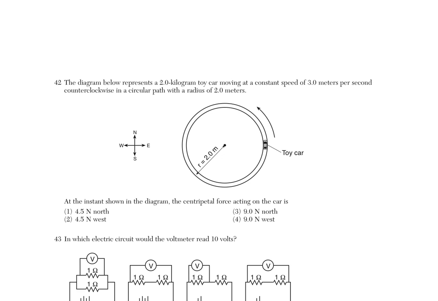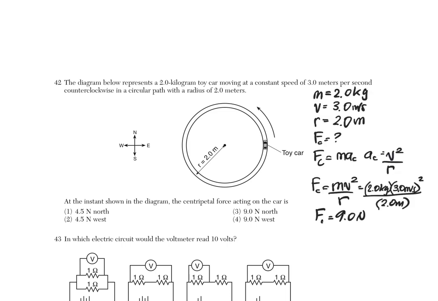Okay, 42 is a circle question, and it wants to know at the instant shown in the diagram, which way is the centripetal force acting? Or not just which way, but how much is it? So when we write down our mass, velocity and radius, centripetal force is mv squared over r. That's the combination of Fc equals m ac and ac equals v squared over r.